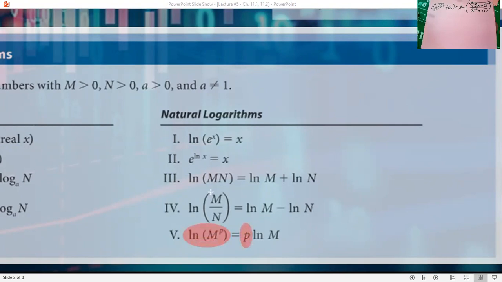And then we're also going to use, if you're taking the natural log of a quotient, like you see here, you can use subtraction and write one after the other. We're going to use those 2 rules together to expand and rewrite this function in terms of smaller logarithms so we can get an easier answer, okay?